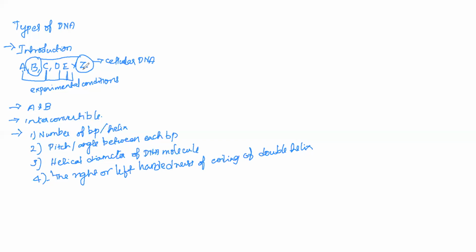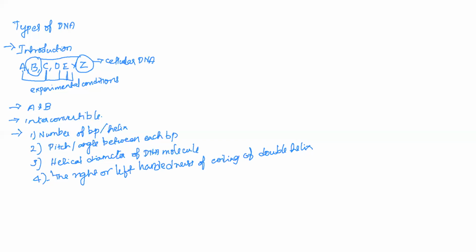Some forms are interconvertible, and they differ in the number of base pairs per helix, the pitch or the angle between each base pair, the helical diameter of the DNA molecule, and the right or left handedness of coiling of the double helix.